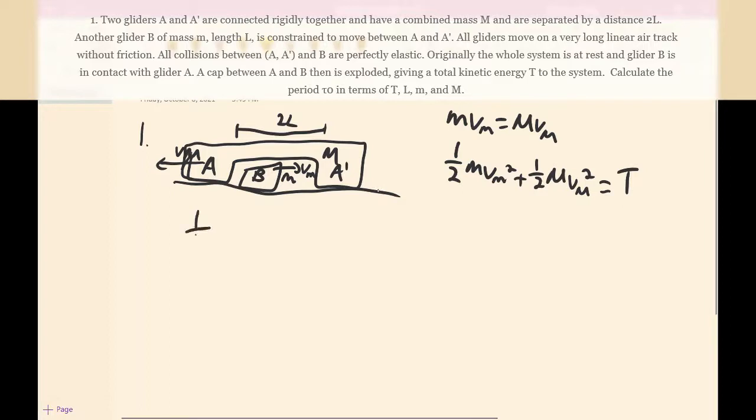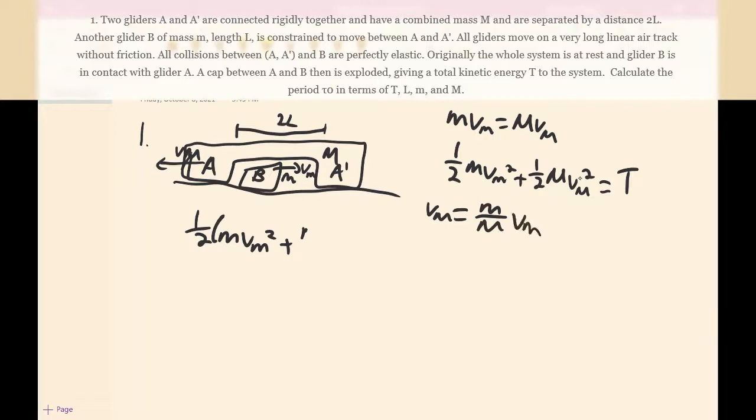We have 1/2 times m V small m squared plus, since V of big M is equal to m over big M times V small m, then we would have plus big M times m over big M V small m squared.